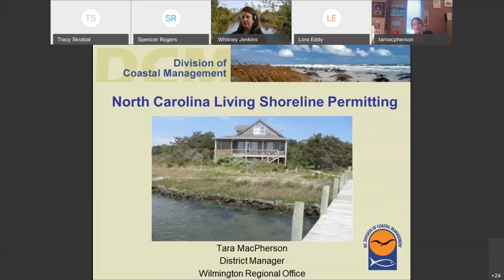Living shorelines require permits because they meet the 3 criteria that determine if you need a permit under the Coastal Area Management Act. The first is the proposal for work in one of the 20 coastal counties. The second is development; placement of a structure in the water would trigger the development side of things.